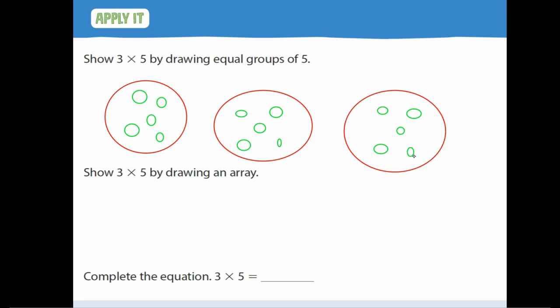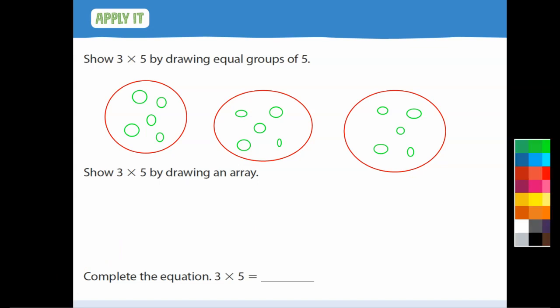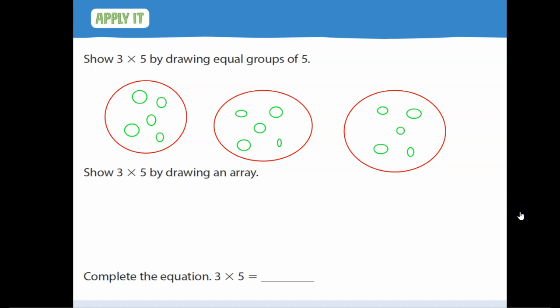Then it says show 3 times 5 by drawing an array. Okay? Rows and columns, right? Go ahead and do that. Here is an array, okay? The 3 tells me I need three rows, right? 1, 2, 3. The 5 tells me I need 5 columns. That's 2 columns, 3 columns, 4 columns, 5 columns.